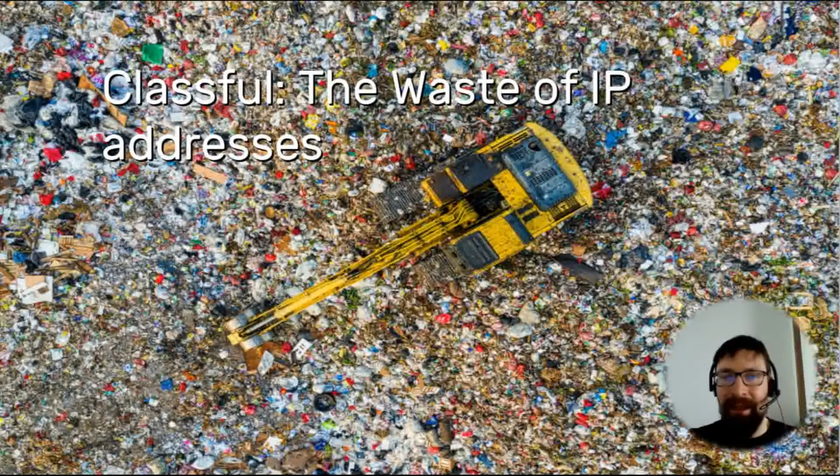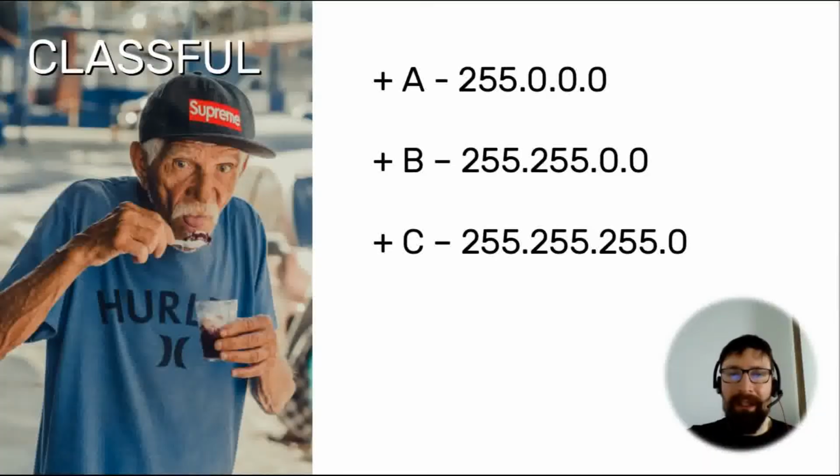The main reason is the waste of IP addresses. And you would say, what do you mean by waste of IP addresses? Why do we waste IP addresses? So I will quickly explain it in very simple terms so you understand. Basically, the classful method is dealing with three major classes of IP addresses.